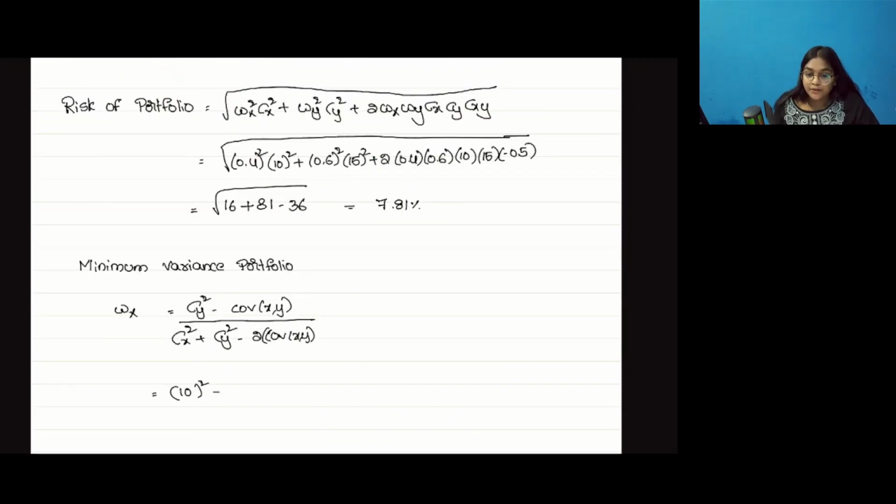In the question, they haven't given covariance, so we'll calculate covariance first. Here covariance of p comma q equals sigma p, sigma q, rho pq.